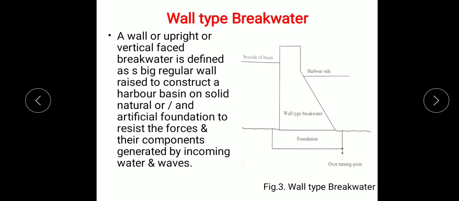So whatever waves are coming from this seaside are obstructed by the construction of this wall type of breakwater. That is the main function performed by the wall type of breakwater, and it is a big rectangular wall. Here we can see it is a big rectangular wall which is constructed to form a harbor basin on an artificial foundation.